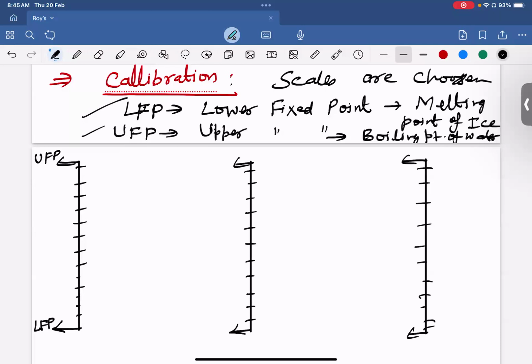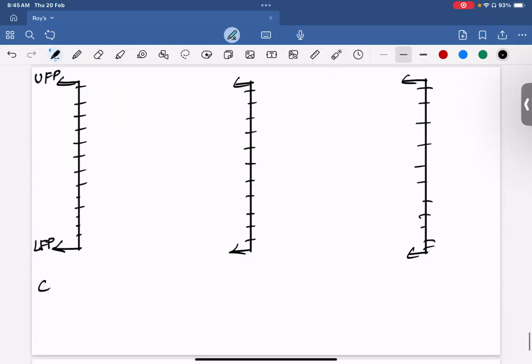So if it is a Celsius scale, we also call it centigrade.